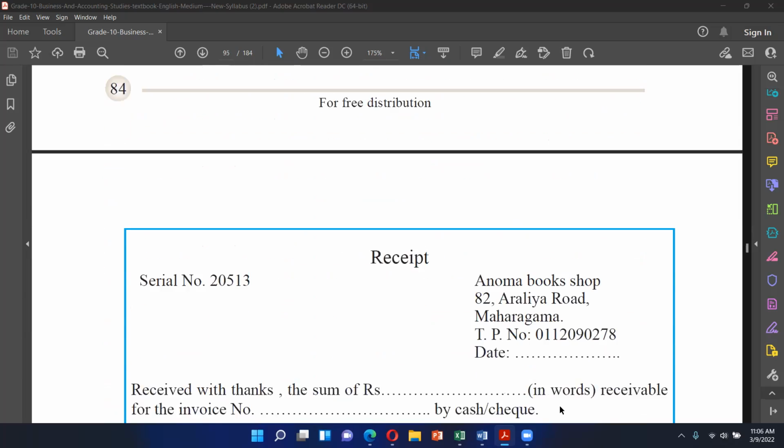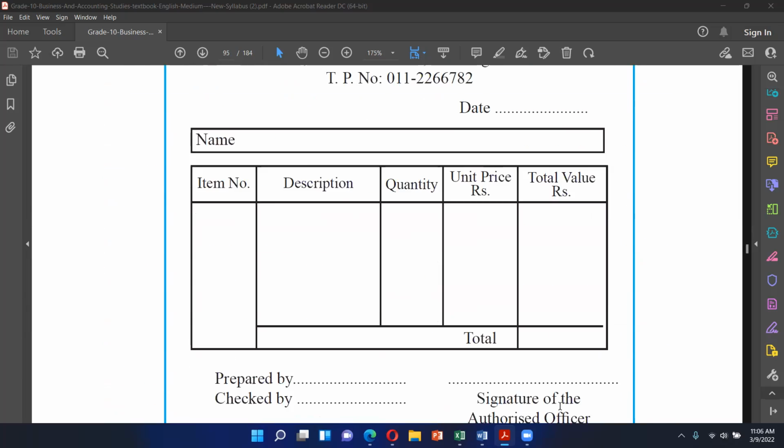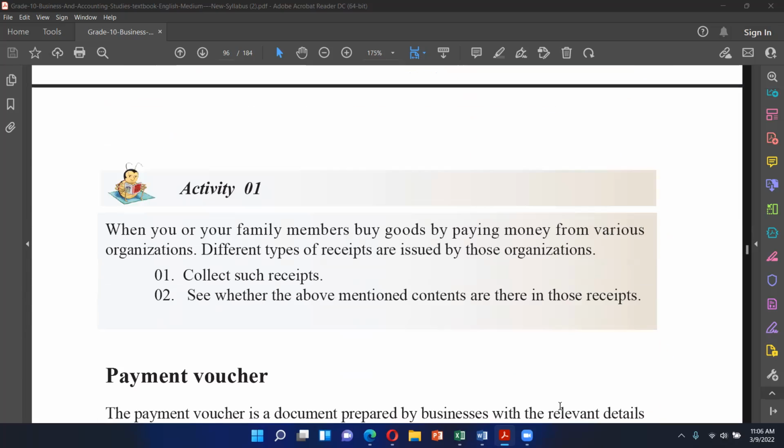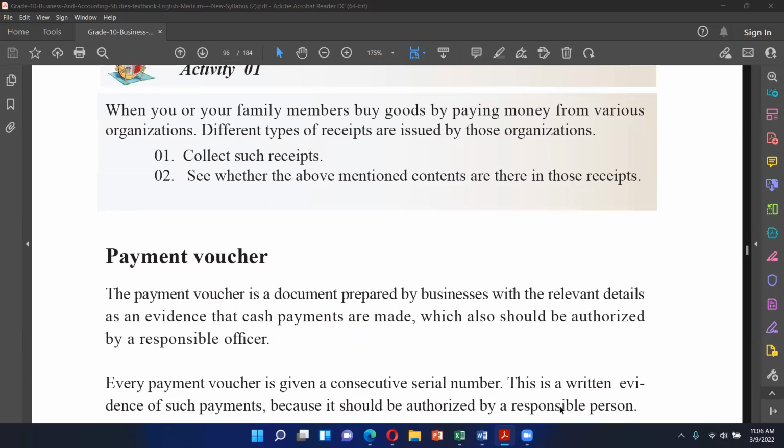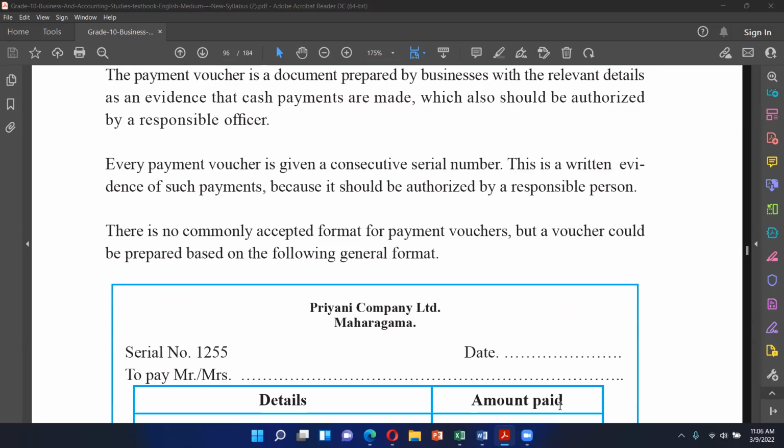On the other hand, all cash payments you record with a payment voucher. A payment voucher represents the cash you paid, to whom, on which date, and for what purpose. So the supporting document for cash receipts is the receipt, and for cash payments it is the payment voucher.